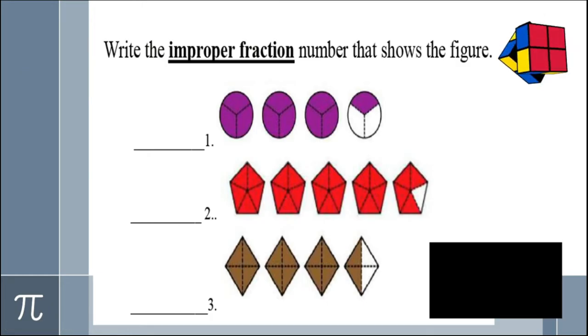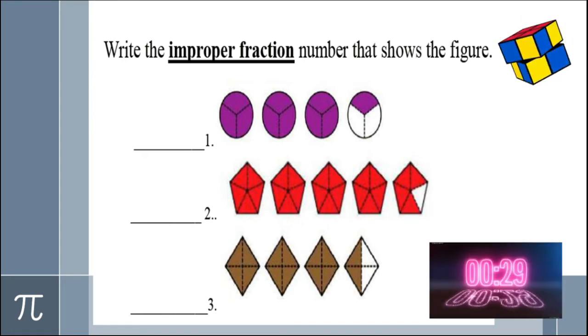So, i-type ninyo ang sagot sa inyong chat box. 1, 2, 3 muna tayo. Okay? So, write the improper fraction number that shows the figure. I will give you 30 seconds. Timer starts now. T minus 30 seconds.